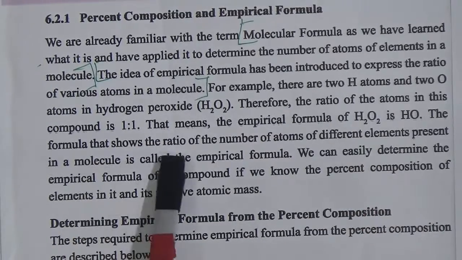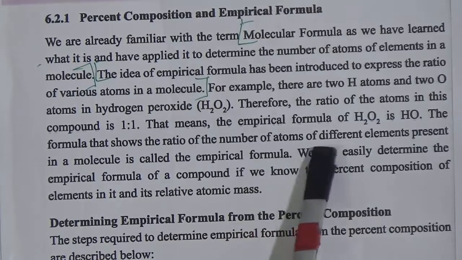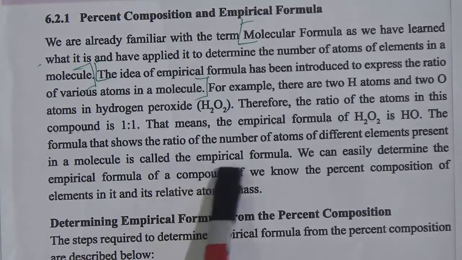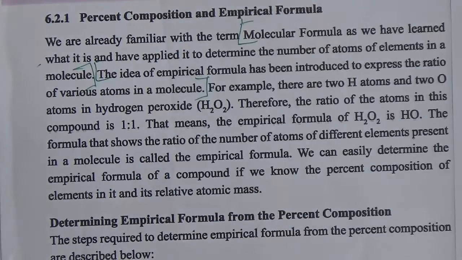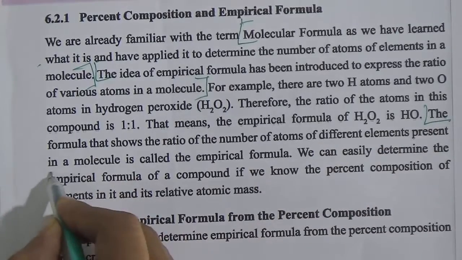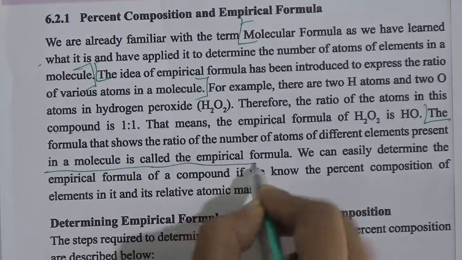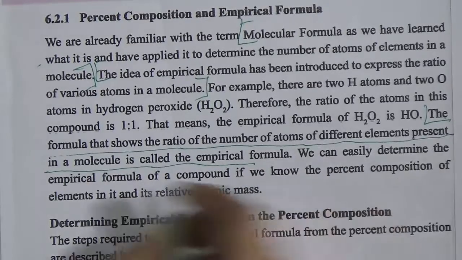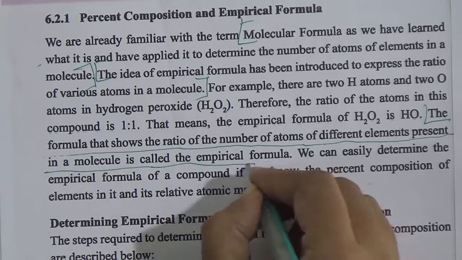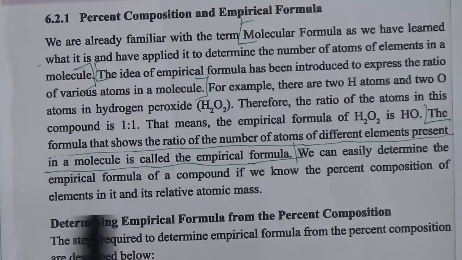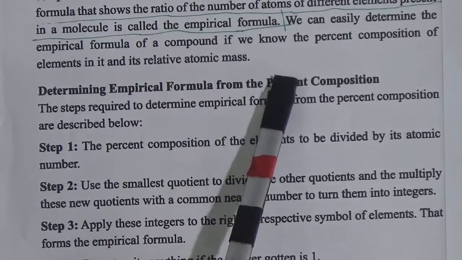The formula that shows the ratio of the number of atoms of different elements present in a molecule is called the empirical formula. And we can easily determine the empirical formula of a compound if we know the percent composition of the elements in it and their relative atomic masses.